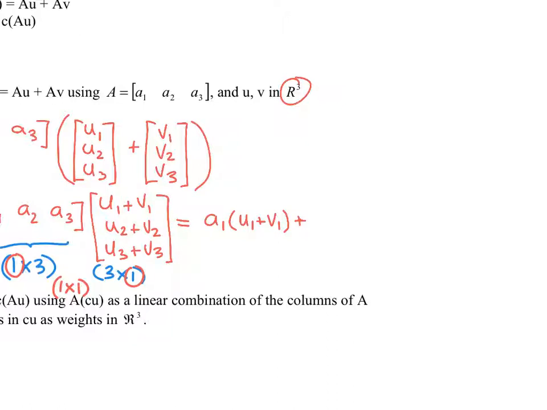All right, so then we'd have A2 times U2 plus V2. And then A3 times U3 plus V3.